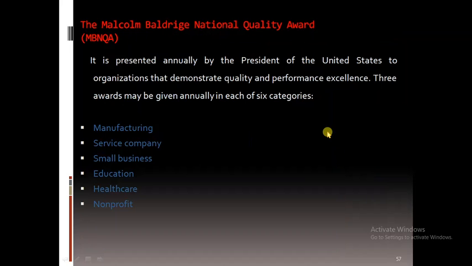Now, one of the awards is the Malcolm Baldrige National Quality Award. Let us see brief information about this National Quality Award.